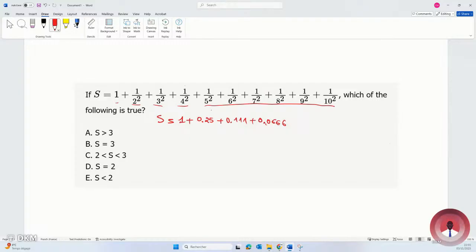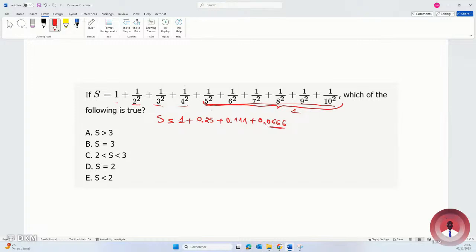So if you add this and the remaining ones, they are going to be less than 1 and even less than this one.